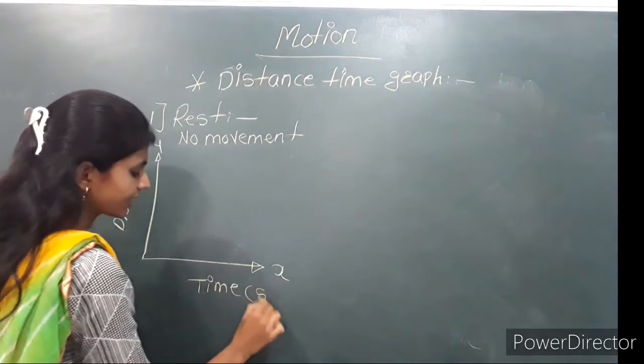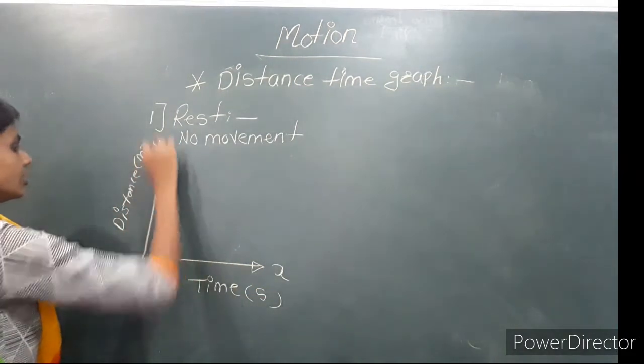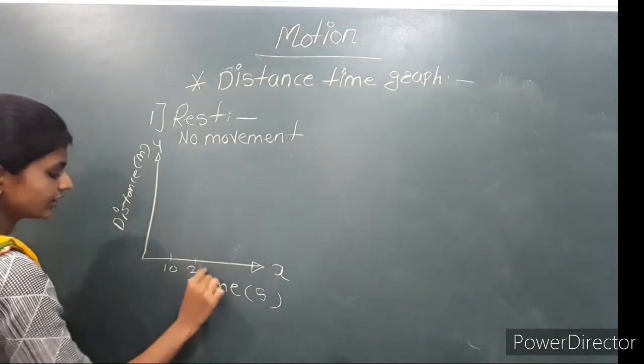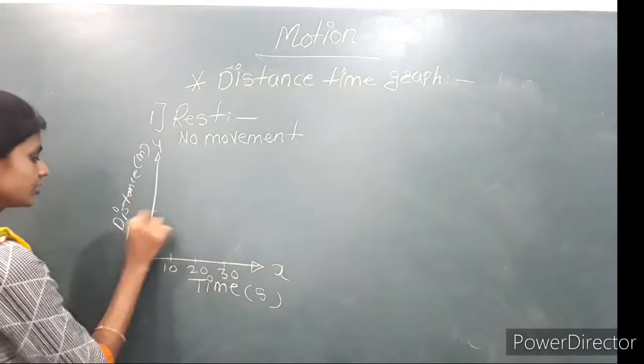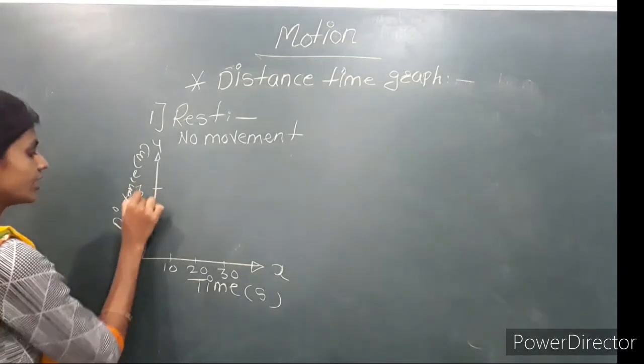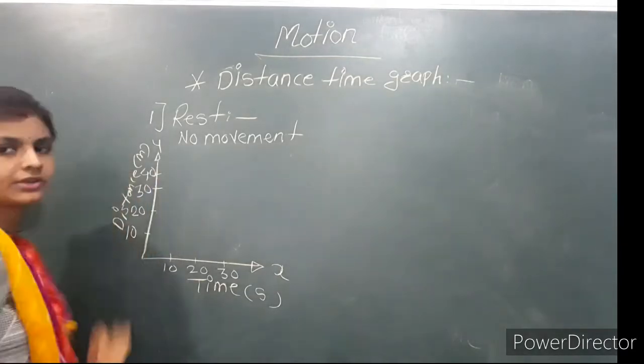Time is measured in seconds and distance in meters. So here 10 second, 20 second, 30 second on the x-axis, and on the y-axis 10 meter, 20 meter, 30 meter and 40 meter.